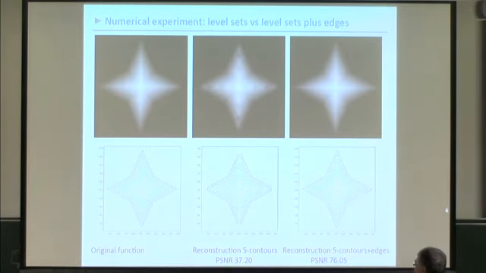Then, if we use 5 contour lines to reconstruct, you can see the steps. But if you allow adding edges, that means if you allow adding the values on those as well, like what Jia and Wickert did some time ago, then you can make it very nice if you like.